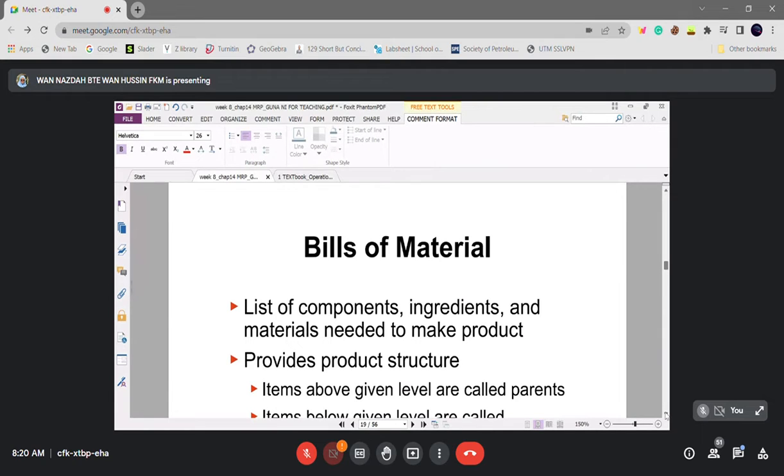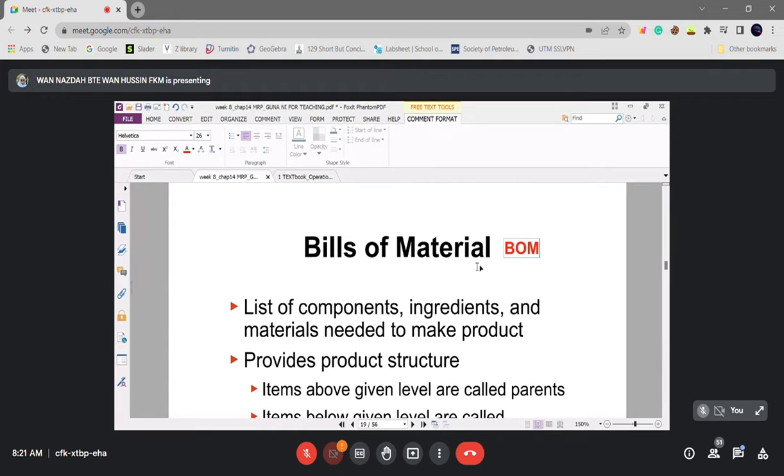Your company is producing the amplifier, and you know the quantity that is required, which we call the demand, from your customer. Then you need to know the detailed components for each amplifier. The detailed components for each amplifier are shown in the bill of material, sometimes abbreviated as BOM.